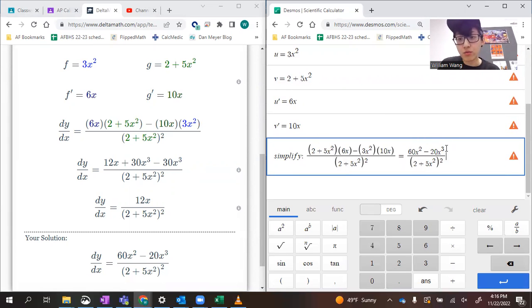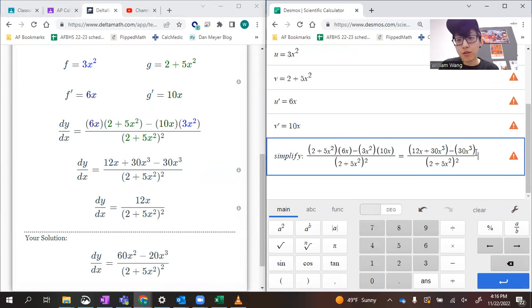Cool. So if I were to re-simplify this, I plugged in the right V this time. This time I'm going to distribute the 6x, right? So 2 times 6x, that's 12x, plus 5x squared times 6x, so it's 30x cubed. Then minus 3x squared times 10x, so that's 30x cubed.